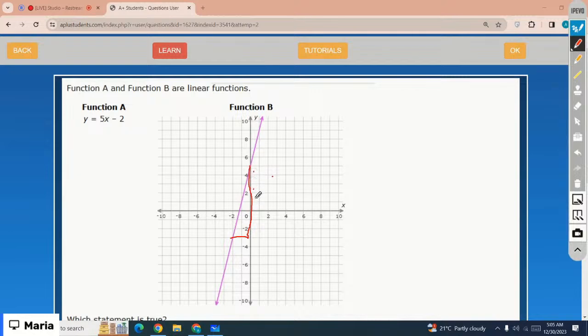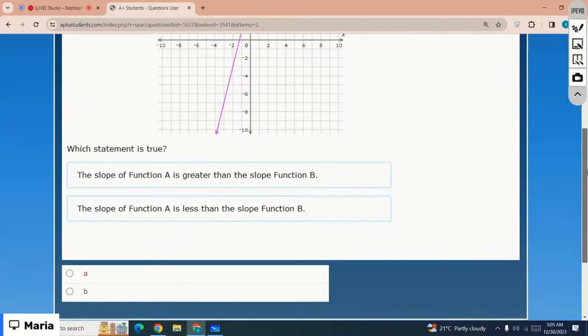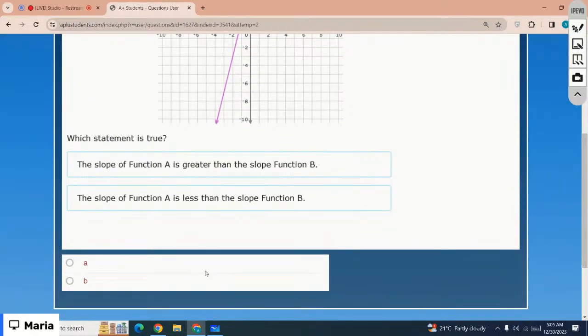Okay, 1, 2, 3, 4, 5, 6, 7, 8, and 8 divided by 2. The slope of this one is 4 and the slope of this one is 5. That means the slope of function A is greater than slope of function B. Got it? The correct option is slope of function A is greater than slope of function B. Option 1 is the correct option, right?